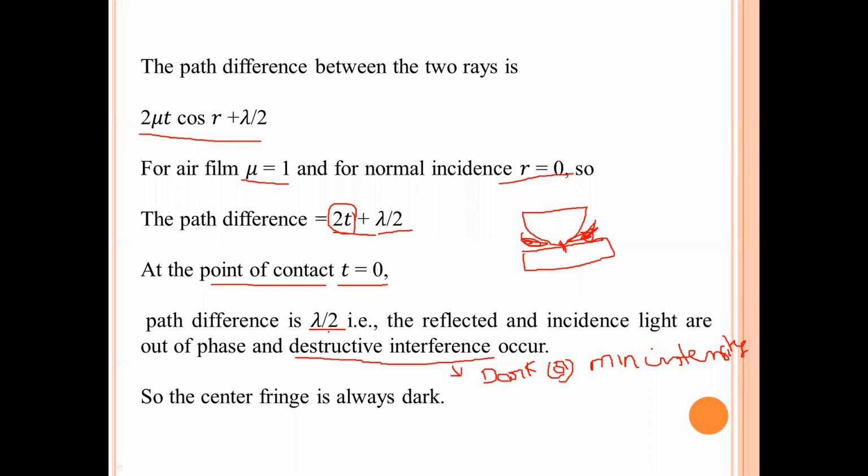All these values give the destructive interference pattern, or simply they are named dark and minimum intensity. So here there is a dark ring. In a Newton's rings experiment, the first fringe is a dark fringe, and then again a bright fringe.